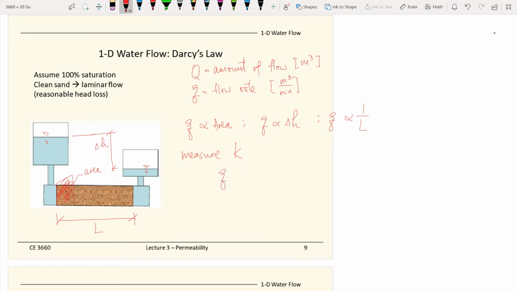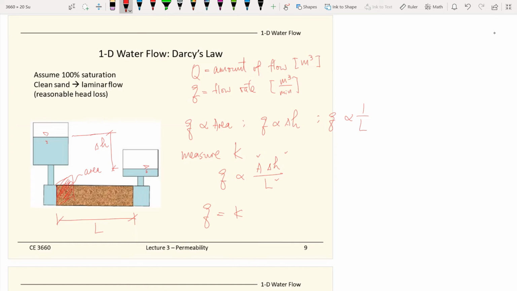So realize the flow rate will be proportional to the three items we talked about: the area, the hydraulic gradient, and also inversely proportional to the length of the soil sample. So if we can measure these three terms, then we can find the soil specific parameter.